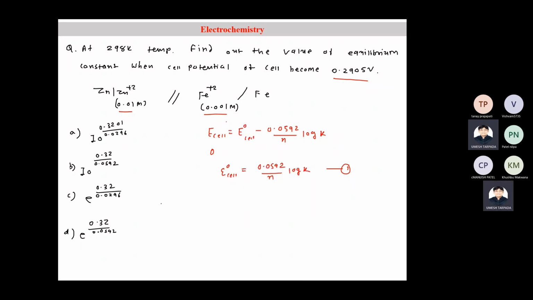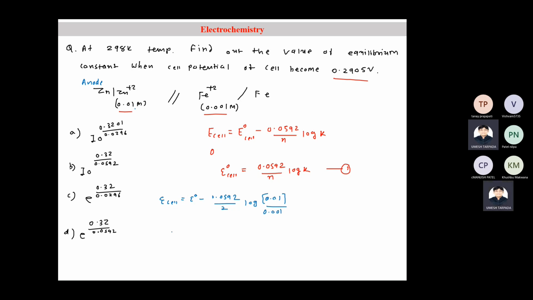So see, E cell is given to you. So E cell is equal to E standard minus 0.0592. Here the number of electrons exchanged is 2, log of anode upon cathode. That is 0.01 concentration of zinc plus 2, upon the cathodic species 0.001.